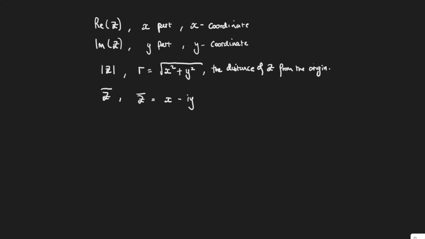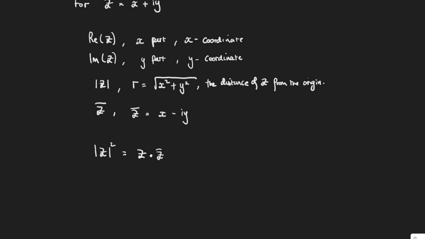Just really quickly, one more notation that we will look at is that the modulus squared is actually equal to the complex number multiplied by the complex conjugate, like so.